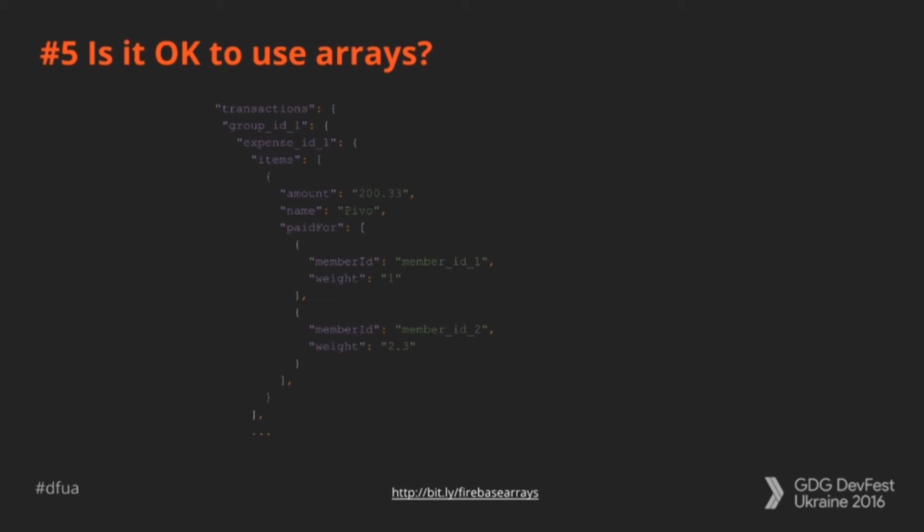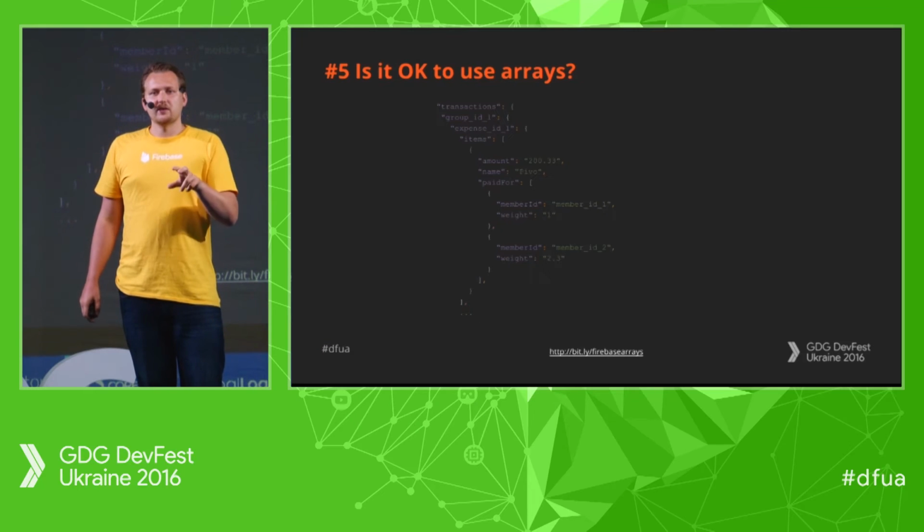So we have arrays like this, a transaction can have different items. It's an array. But the trick here is that in our app, we always update the whole transaction object at once. We never update just the items or just some part of the array. In the UI, we keep the object in Java.